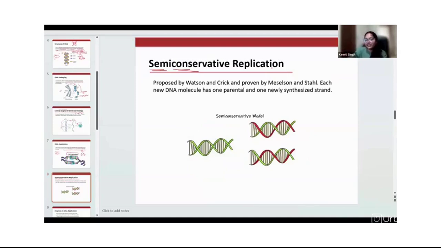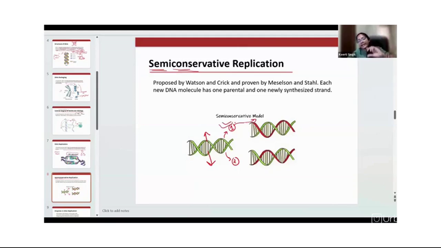So what happens during DNA replication? Why is it called semi-conservative? Because these two strands get separated during DNA replication. Suppose we call this the first strand and this the second strand. Using this second strand, a new strand will be generated, right? And using this first strand, a new strand will be generated, using it as a template strand.